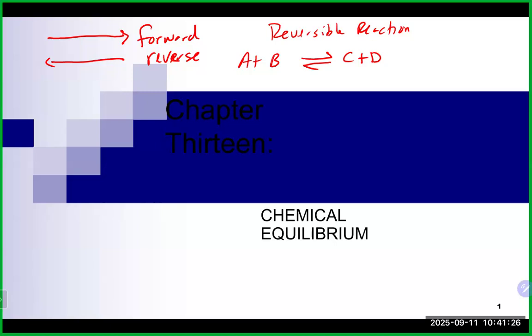That's really not what equilibrium means or refers to. What it refers to is what we were talking about in the previous chapter. The rate of the forward direction will eventually equal the rate of the reverse direction. That is what it means when it reaches chemical equilibrium.